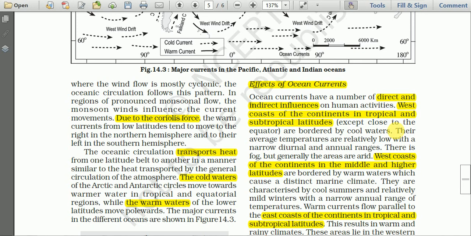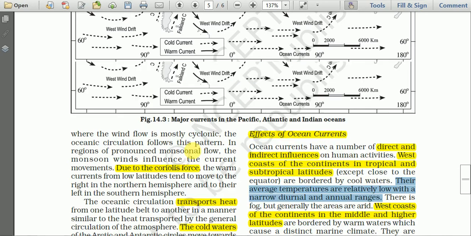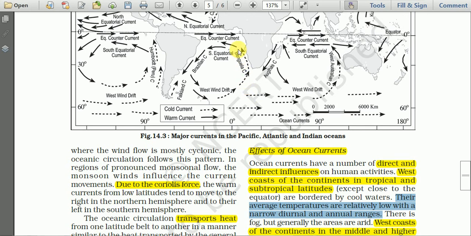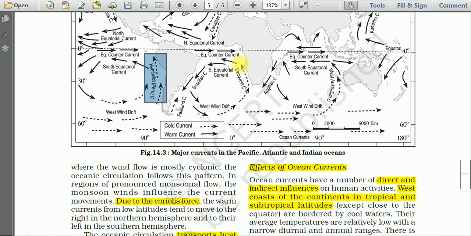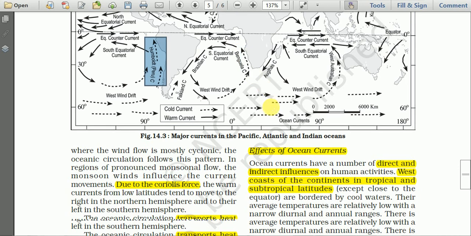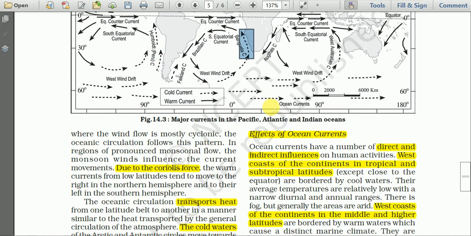Their average temperatures are relatively low with narrow diurnal and annual ranges. So because of these cold ocean currents, the temperature along the coast is relatively lower, and we find a very narrow range of temperature also.